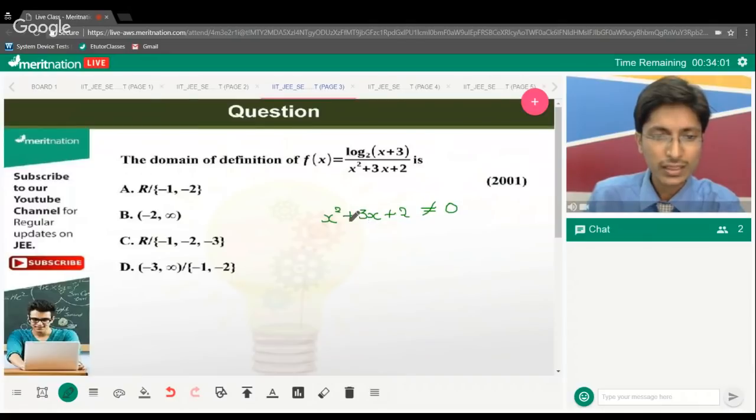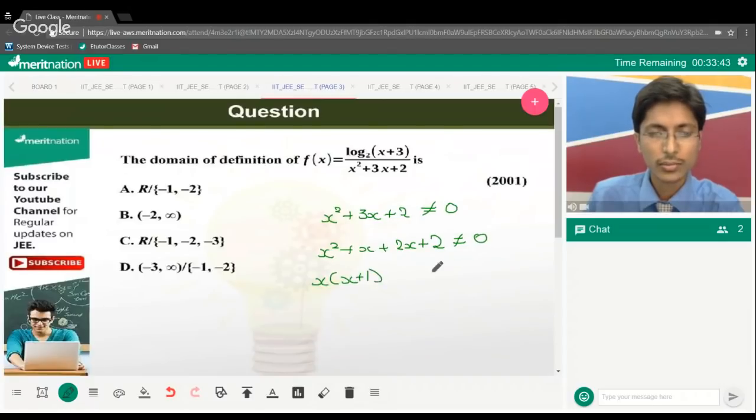So if I do the middle term splitting of this, that will be x square plus x plus 2x plus 2 is not equal to 0. So I have x into x plus 1 plus 2 times x plus 1. So this should not be equal to 0.